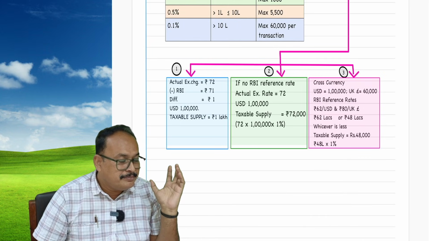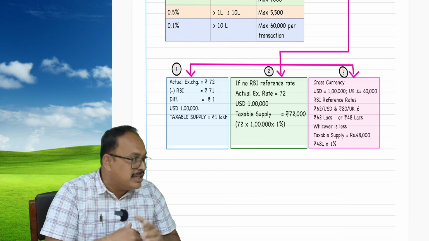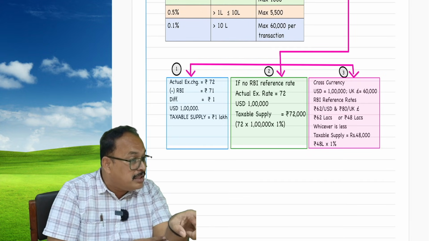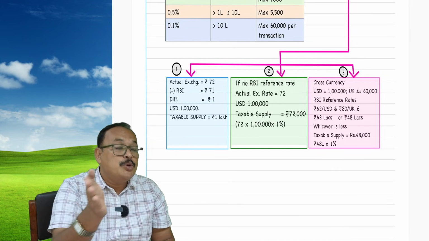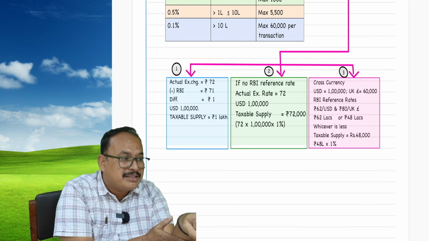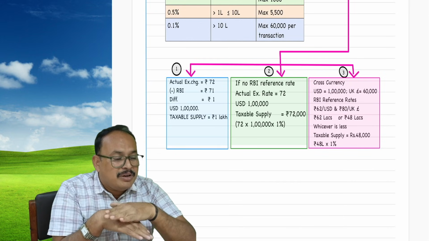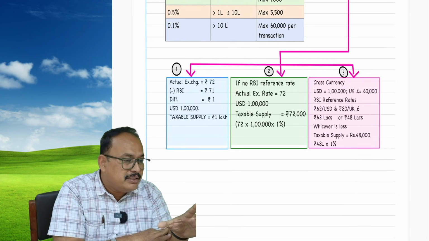Now coming to the other option, Rule number 32, sub number 2, class B: if you opt for the option, you should stand with that option till the end of the financial year. What is that? Up to 1 lakh value of exchange, 1%, minimum 250 per transaction. 1 lakh to 10 lakhs, that means 9 lakhs, 0.5%.